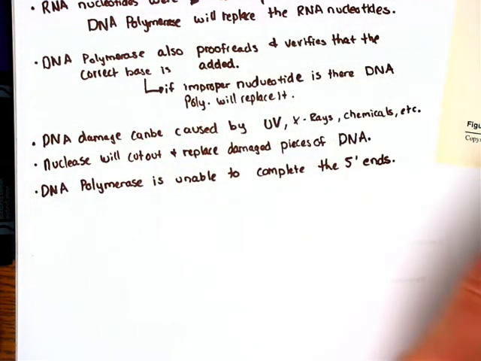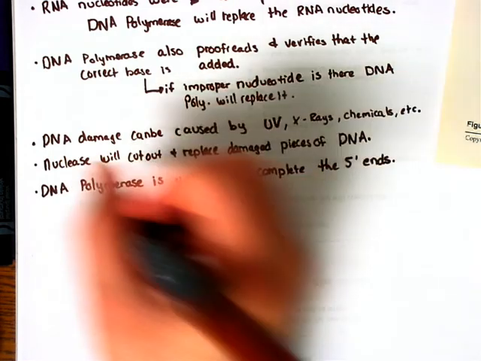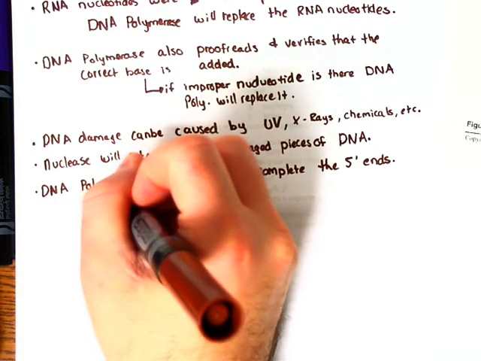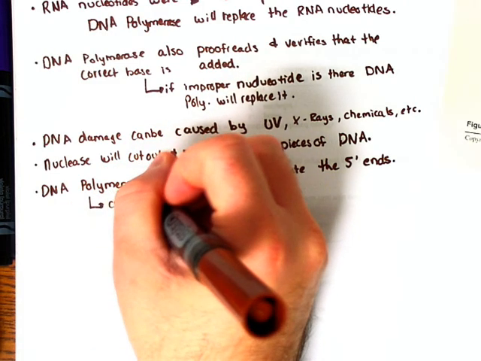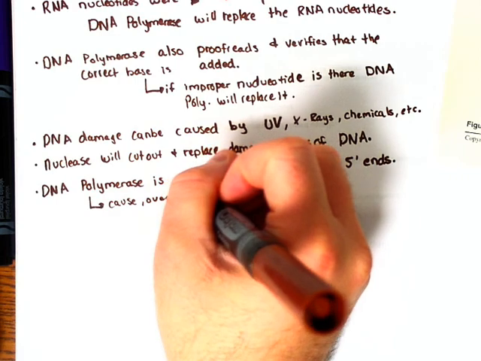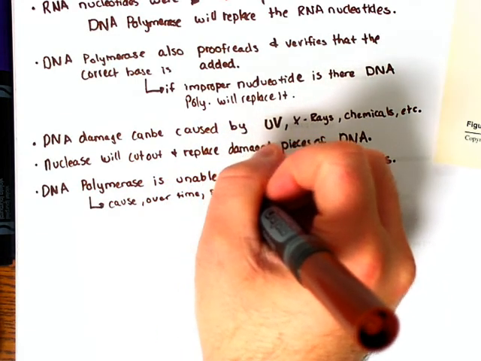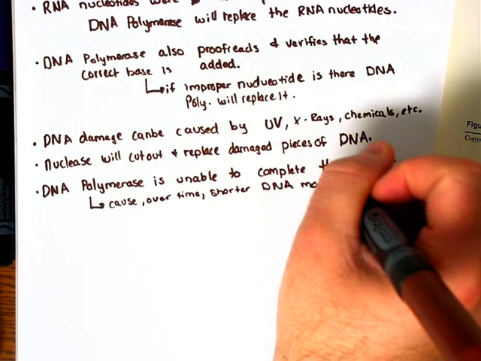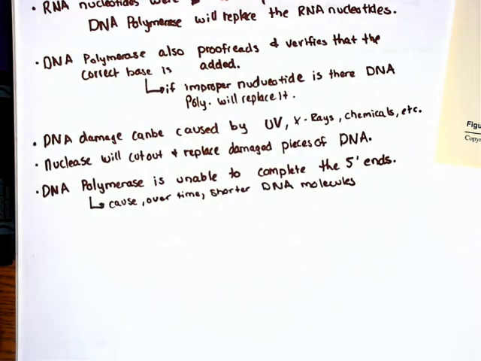So it says DNA polymerase is unable to complete the 5' end pieces, which means that this would cause over time shorter DNA molecules. And there's somewhat of a fix for our cells, and I say that, somewhat of a fix.